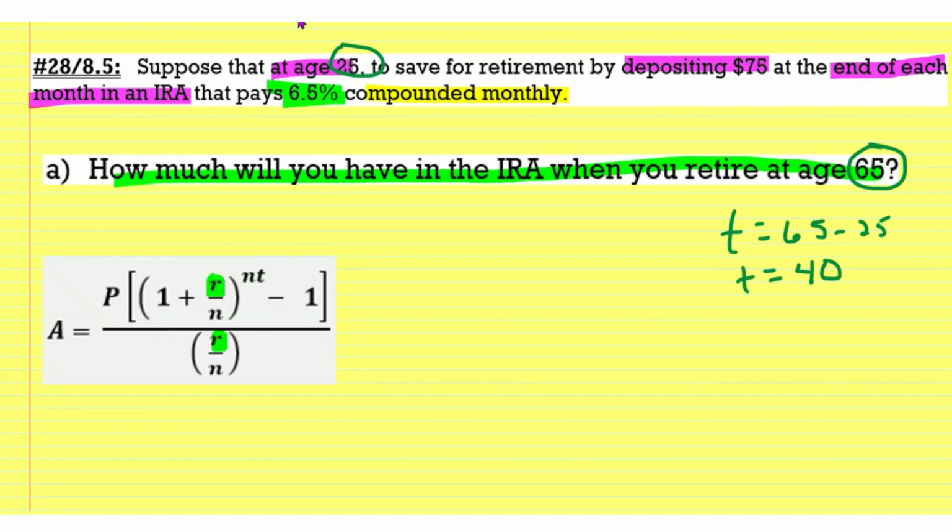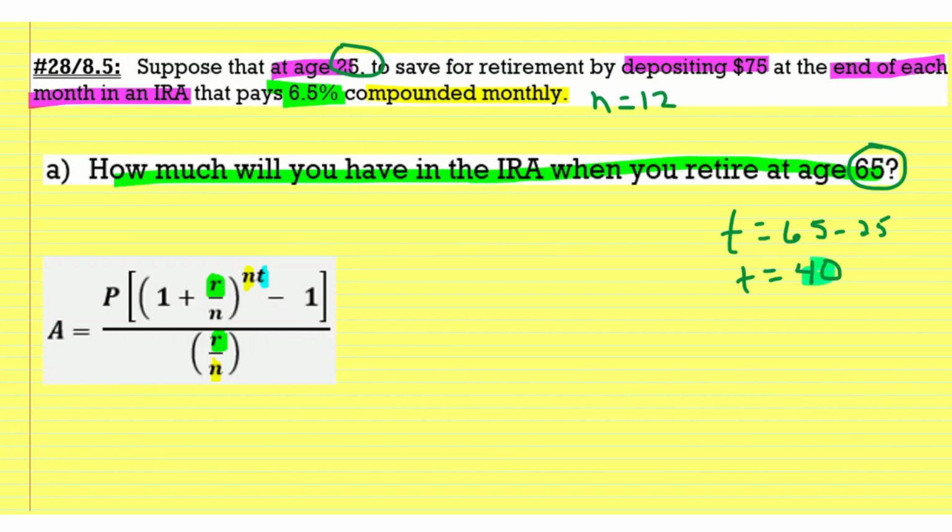Our time is 40, and the time will go here. It is compounded monthly, so that means the N number is going to be 12. 12 times per year is monthly.